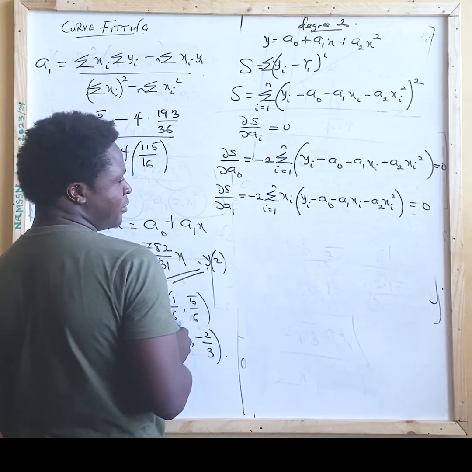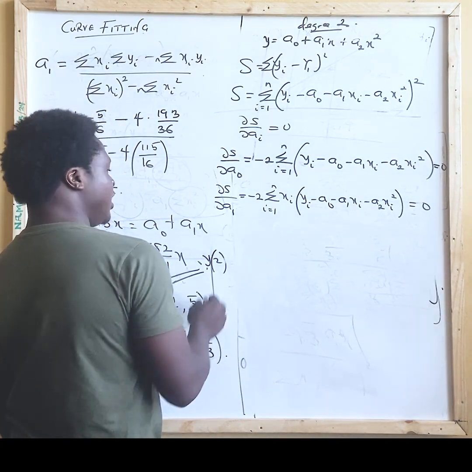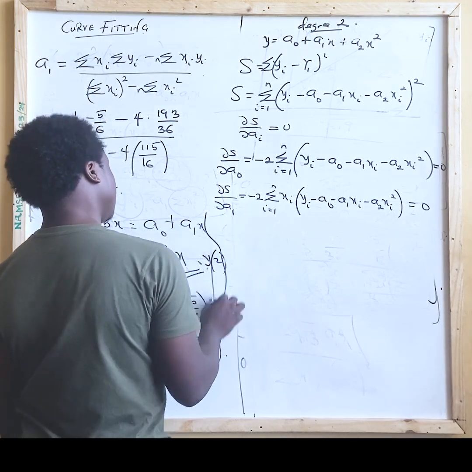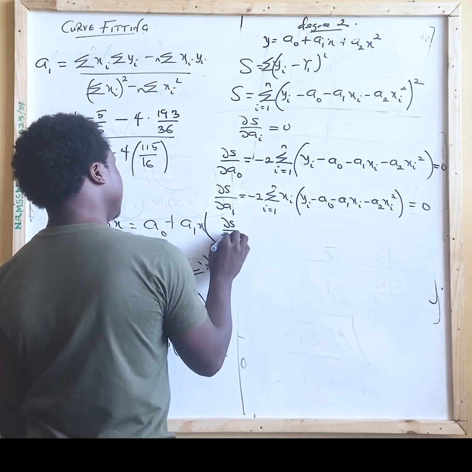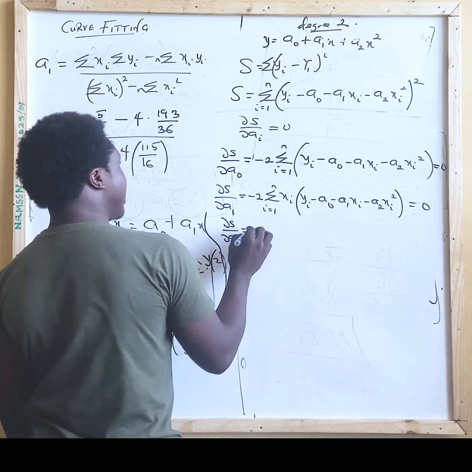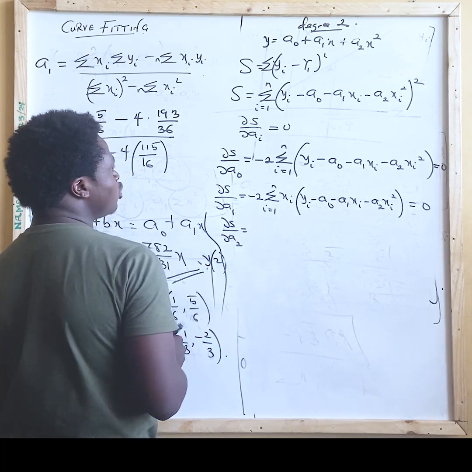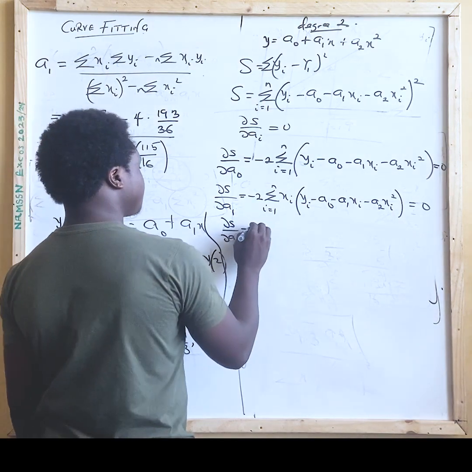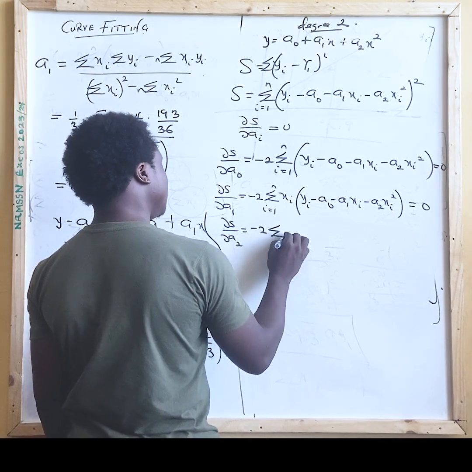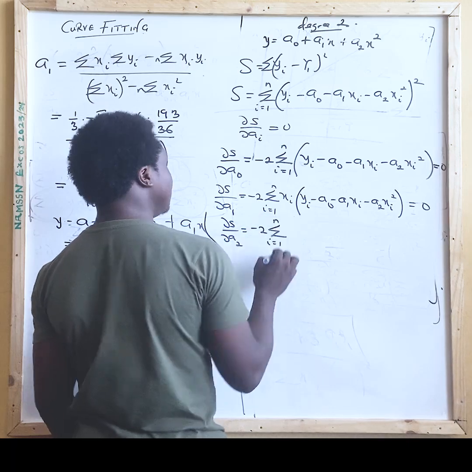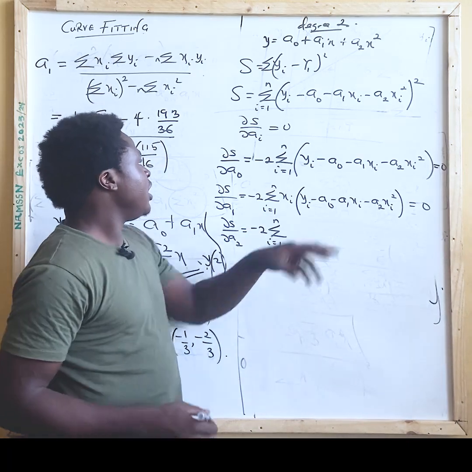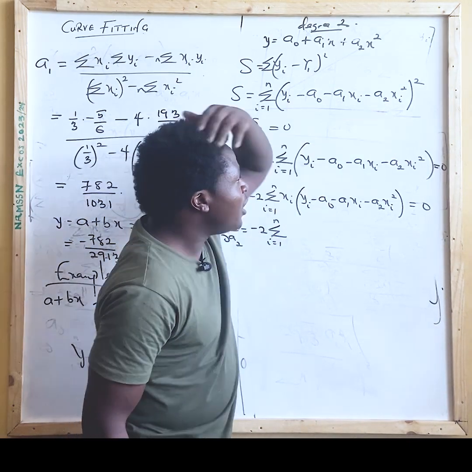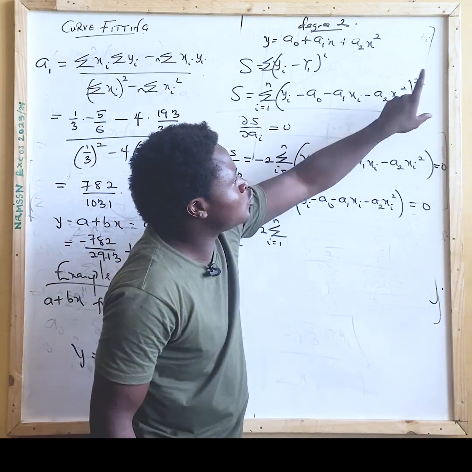Same thing for the derivative with respect to a2. Here again we'll be having minus 2, in fact minus 4, but let's have minus 2, summation i from 1 to n. We differentiate with respect to a2 here, so we'll be left with xi squared.